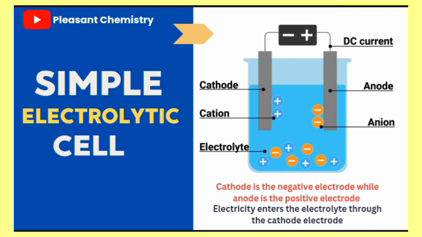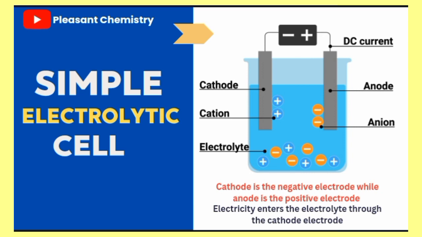So for the cathode, since cathode is negative, cathode attracts cations, positive ions, and since the anode of the electrolytic cell is positive, it attracts anions. So in my terms, I said cathode cations. That is, the cathode of the electrolytic cell attracts cations, and I said anode anions. The anode of the electrolytic cell attracts anions.